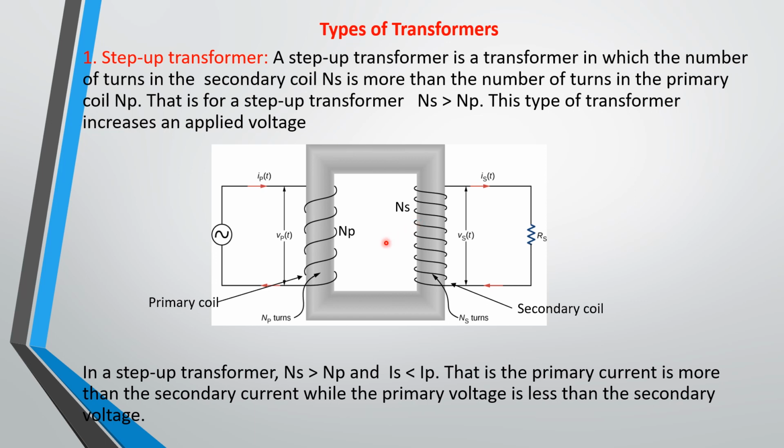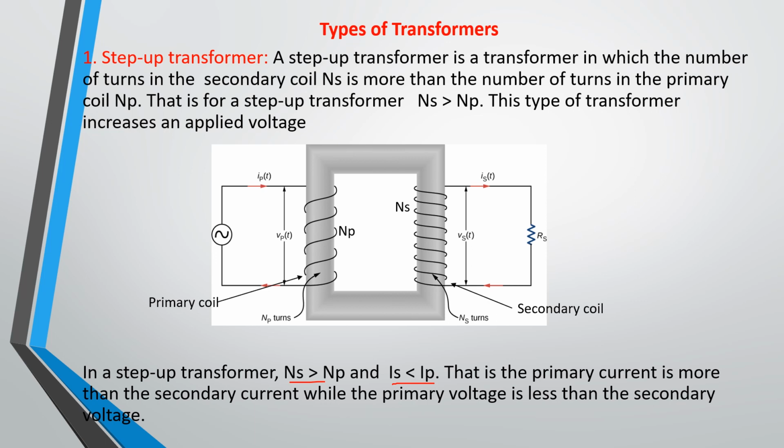So in this particular transformer, the number of turns in the primary coil is less than the number of turns in the secondary coil. And also, the current in the primary coil is more than the current in the secondary coil.